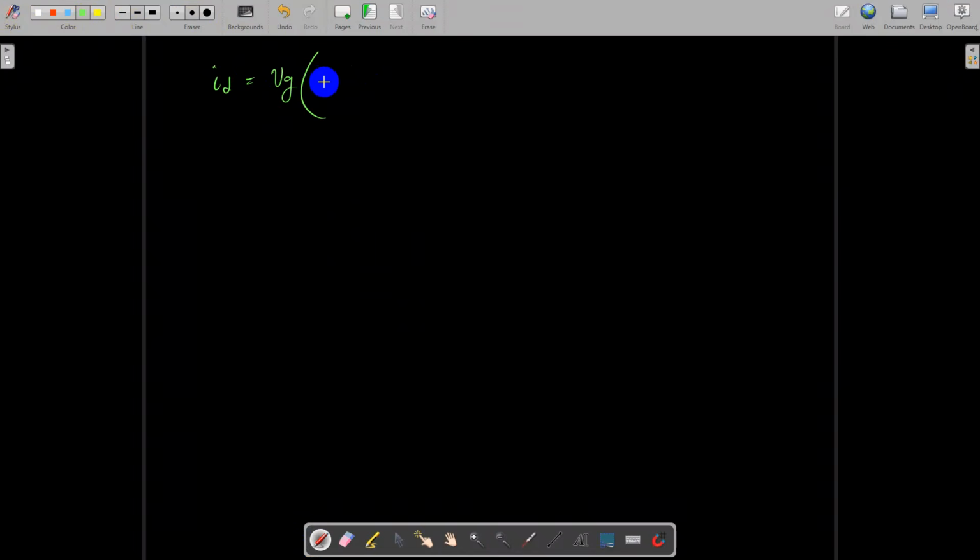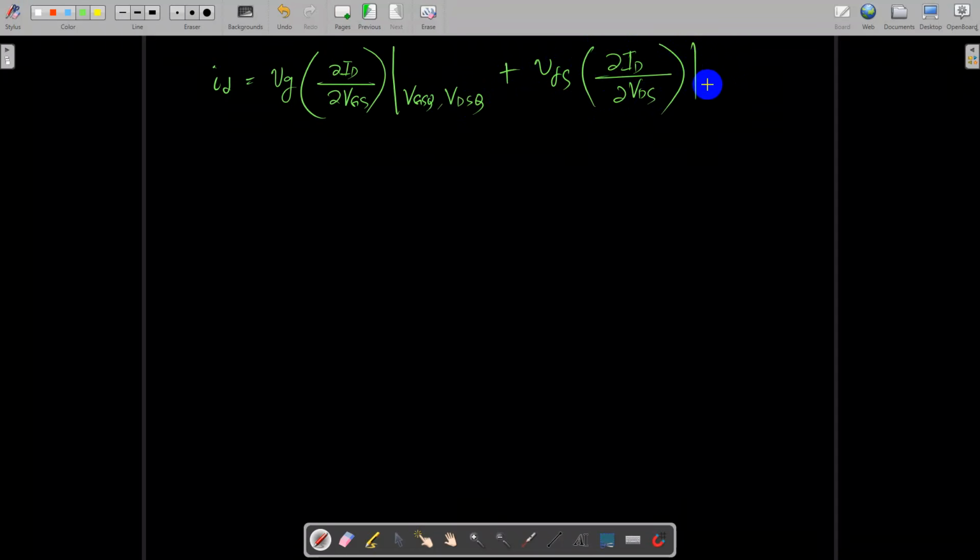So we actually have this thing: your small i_d is equal to nothing but v_gs ∂I_D/∂V_GS around the operating point (V_GSQ, V_DSQ), plus v_ds ∂I_D/∂V_DS, again around your operating point (V_GSQ, V_DSQ).